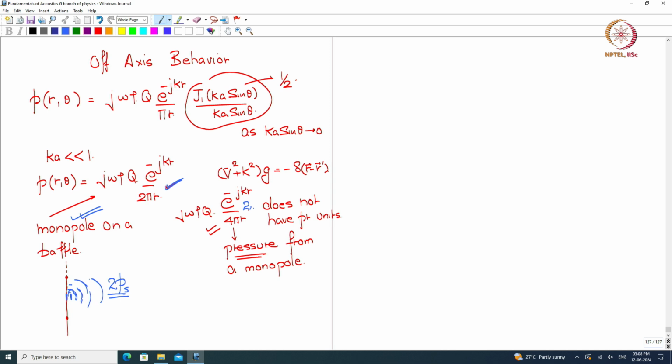Now for the normal expression we have J1 of ka sin theta by ka sin theta, and theta goes, this is the piston, theta takes values from 0 to pi by 2.